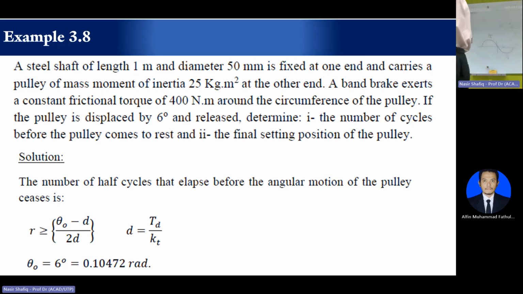So this is like a shaft. There is a pulley. This is the shaft, this is the pulley. The pulley will be rotating like this, right?